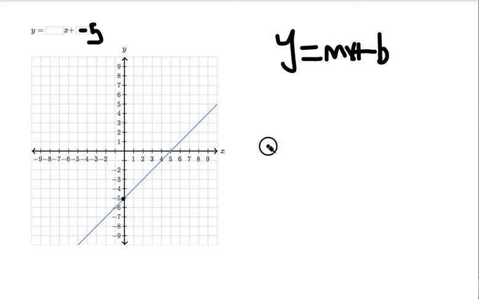So it gives us 1 rise over 1 run, which equals 1. So our slope in this graph will be 1. This is the first equation. As we can see, the equation matches the graph perfectly. Let's move on to the next.